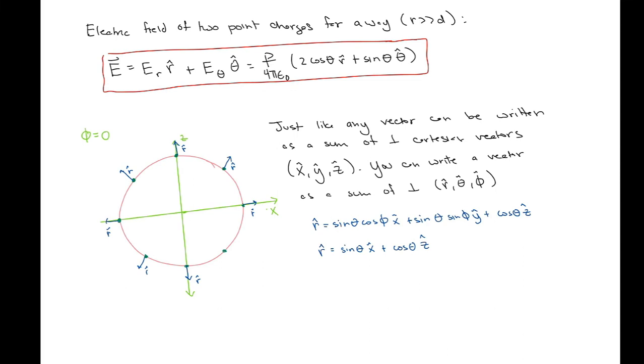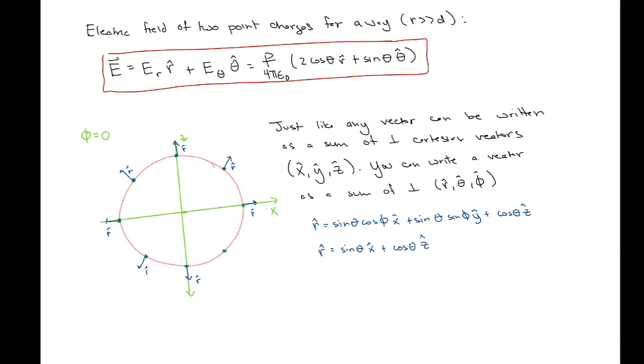Hopefully that makes sense. When theta is equal to pi over 2, r hat would be pointing in the positive x direction. When theta is equal to pi, r hat would be pointed in the negative z hat direction, and then we can go around like that.